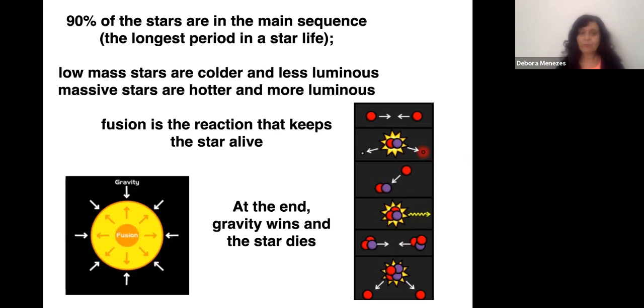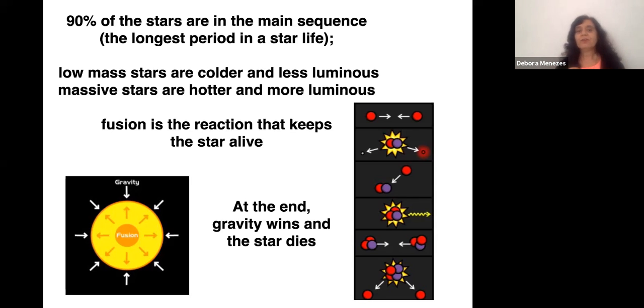So fusion is the reaction that keeps the star alive. If you look at this cartoon, on the bottom left, you can see that there is a kind of fight against the fusion reaction that is exothermic, in the sense that when two nuclei join to form another one, some energy is expelled, as we probably all know, and it's balanced by the gravity of the star.